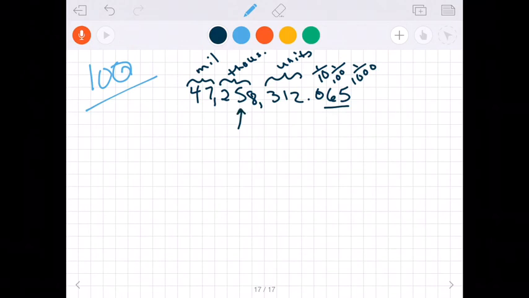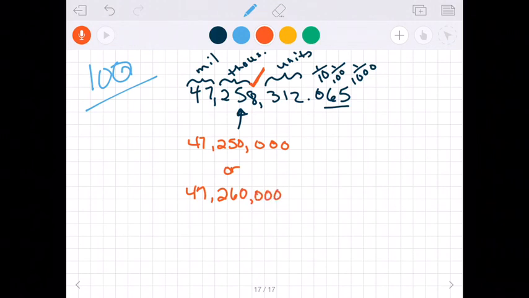And so what we're going to do is find that spot, and we're going to check to the right, okay, and that's going to tell us that we're either going to round this to 47,250,000 or 47,260,000.